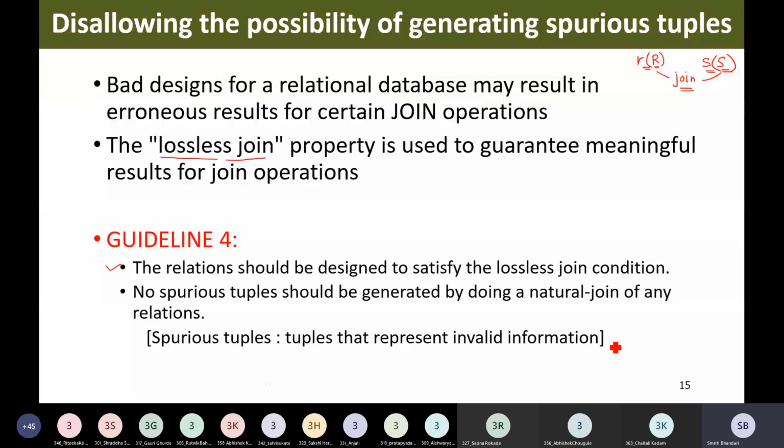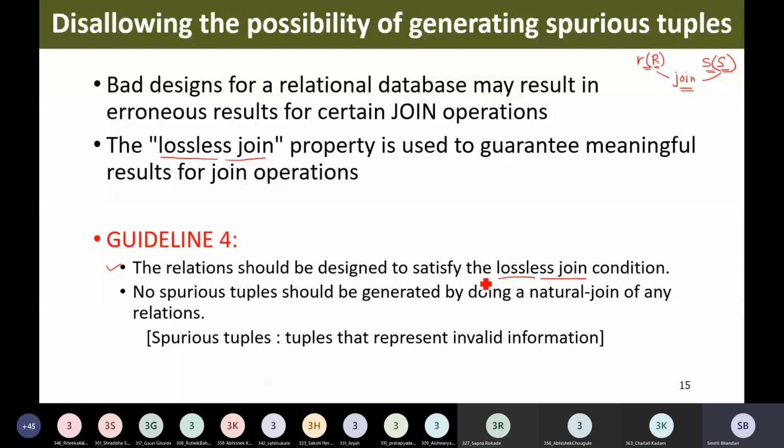We are going to have a detailed discussion about designing the relations having the lossless join property, so we are going to discuss it later. But please remember, the relations should be designed to satisfy the lossless condition. Spurious tuples should not be generated by doing a natural join of any relations.